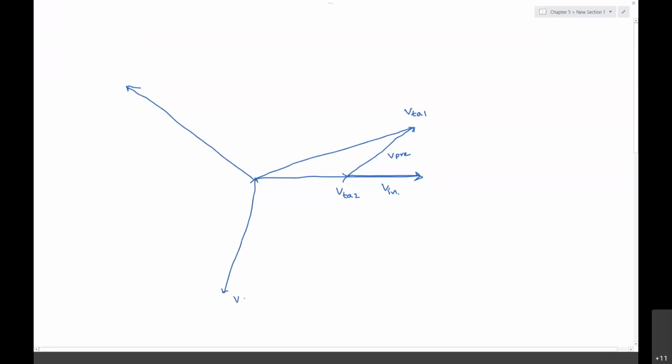Think about the pre-sag voltages, VTB1 and VTC1. Only one of the phases, VTA2, has the magnitude reduction.